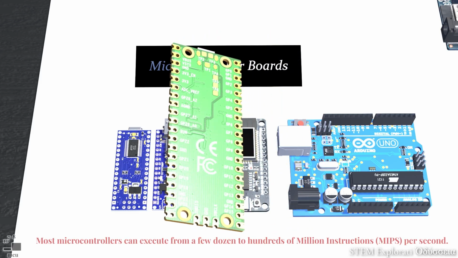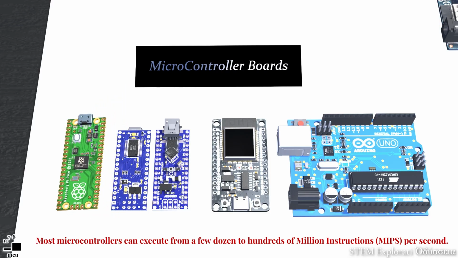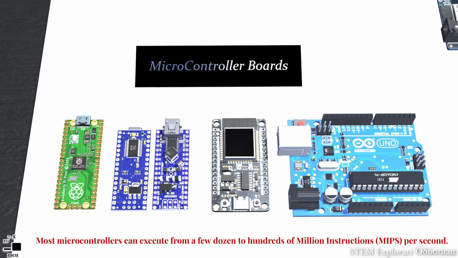Now, before we move on, it's worth talking about the processing limitations of microcontrollers. Most microcontrollers are designed for efficiency, not raw power. A typical low-end MCU might handle just a few million instructions per second. Even the faster ones usually top out in the hundreds of millions. That's plenty for tasks like reading sensors or controlling household appliances.